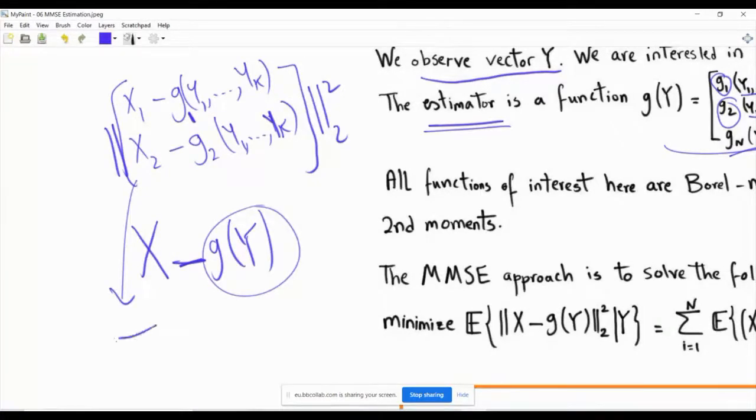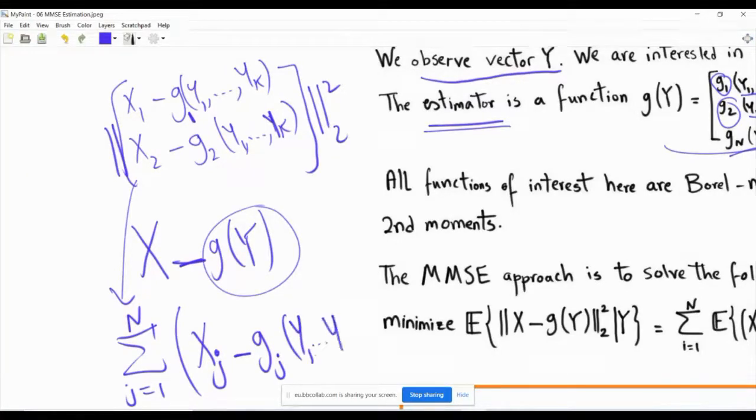It will be the summation over j from 1 to m of the random variable xj minus its estimated value. And what is its estimated value? It's some function gj applied to the observations, squared.